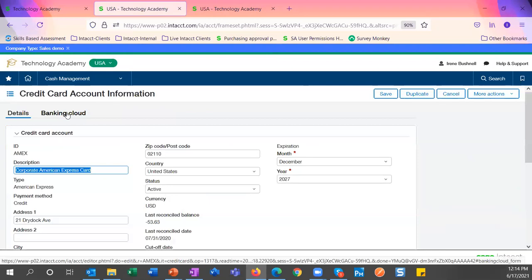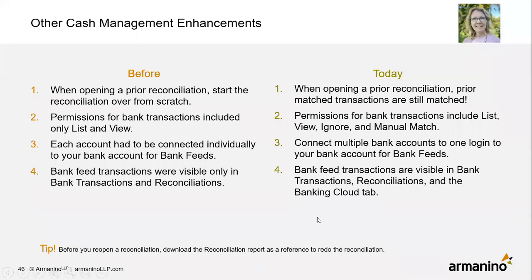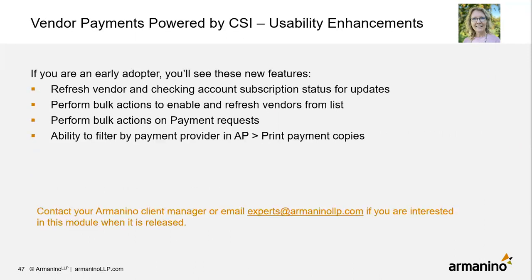And on the Banking Cloud tab, there's a new button that you can use to see the transactions that came in, except, guess what? Except in credit cards. So it's not on credit cards yet, but it's in checking and savings. I imagine it'll be on credit cards next time. And I don't have a live bank feed going, so I can't show you that in my environment.